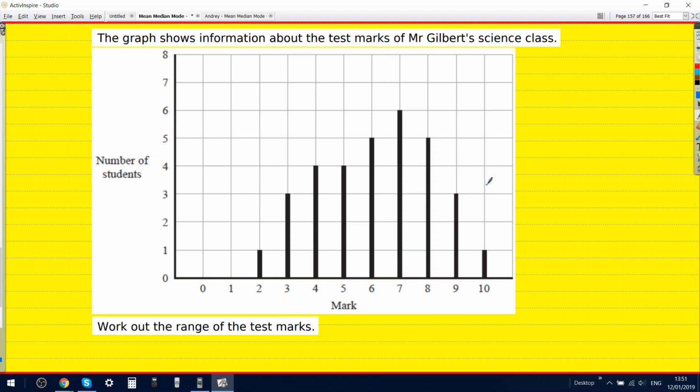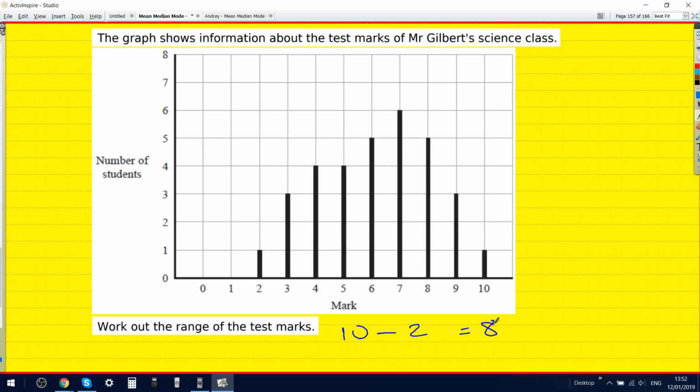And the lowest number of marks. I don't think anyone got 0 marks. Oh no, they got 1. I don't think anyone got 1 mark. 2. Yeah. So the range is 8.